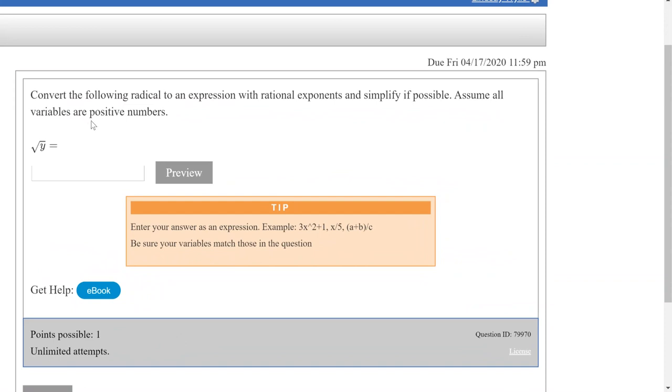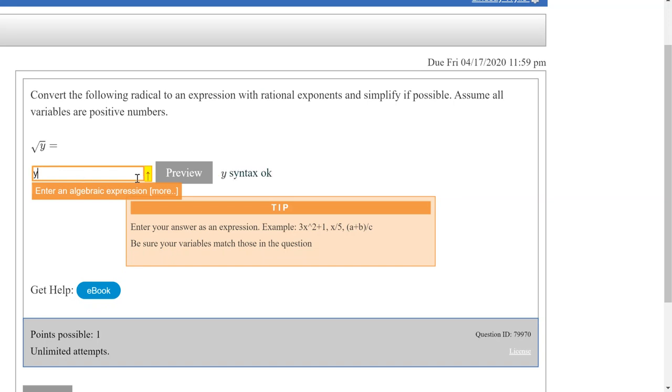What does that mean? Radical is just a fancy word for root, and rational is a fancy word for fraction. So what they're asking us to do is to write this root with a fractional exponent. So we've learned that square rooting is to the 1/2 power, so I want my answer to be y to the 1/2 power.